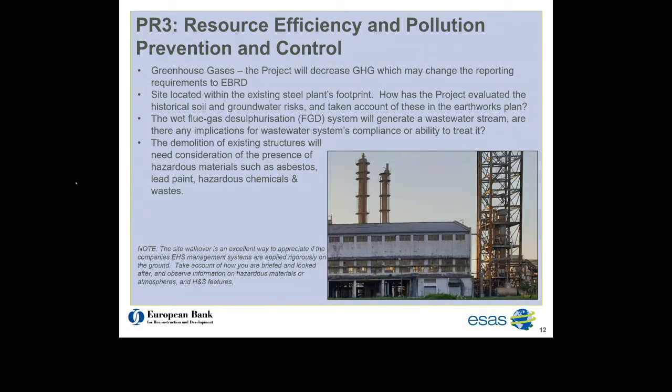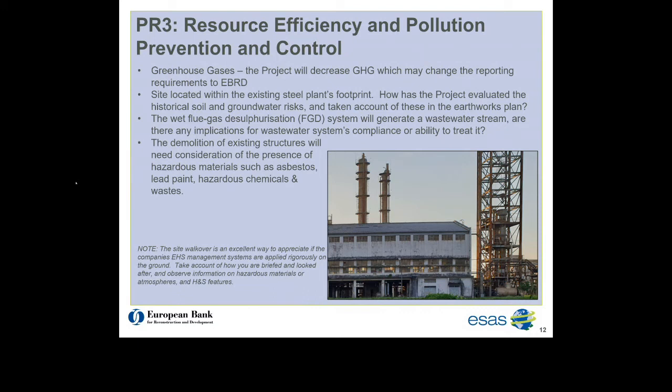The project will decrease greenhouse gas emissions because it is more efficient than the existing system it is replacing on the plant. And we wanted to find out how it would change the reporting requirements to EBRD. Now, EBRD requires projects to report on their greenhouse gas emissions if they're in excess of 100,000 tonnes. But it also requires them to report when there is a net change of more than 25,000 tonnes in a positive or negative manner.